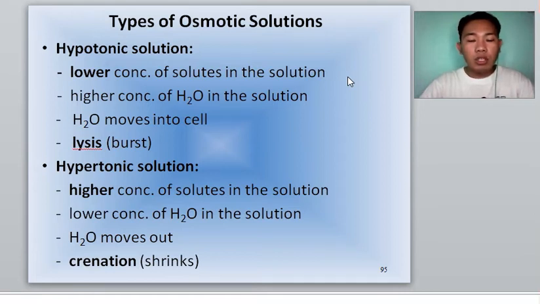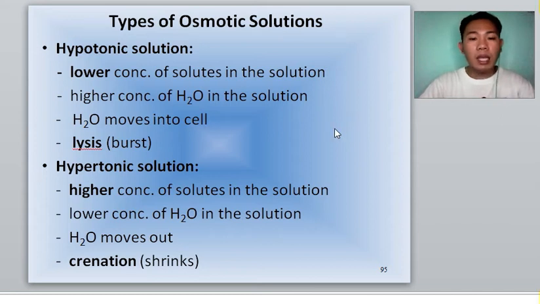Usually, if we place a cell into the solution, the water will tend to move into the cell and will cause lysis or bursting of the cell.